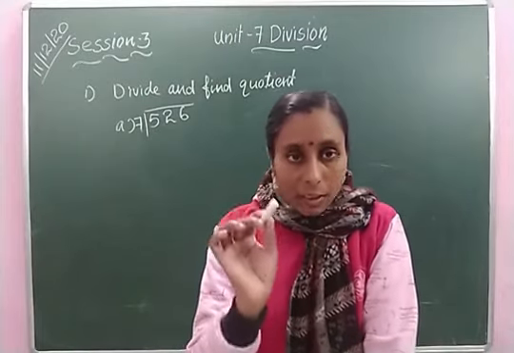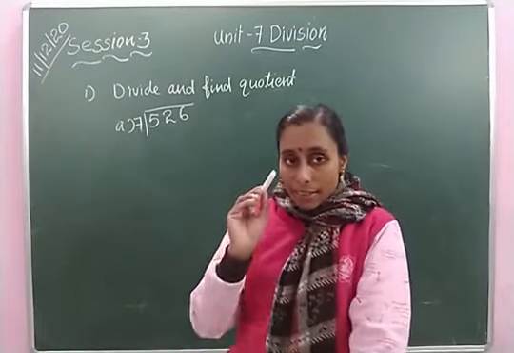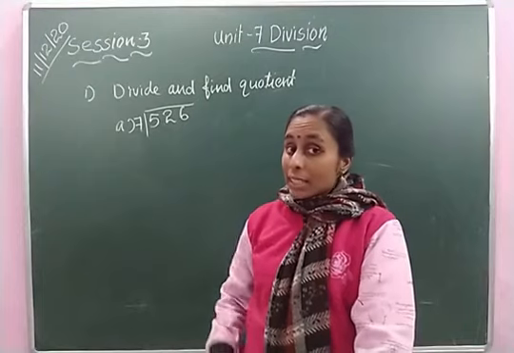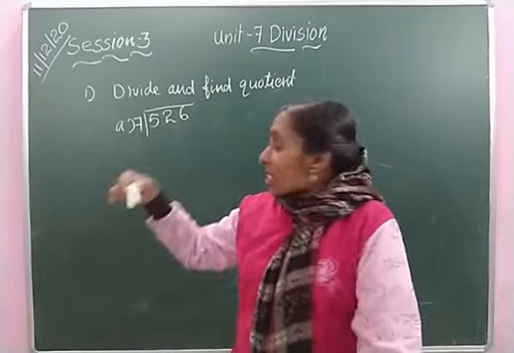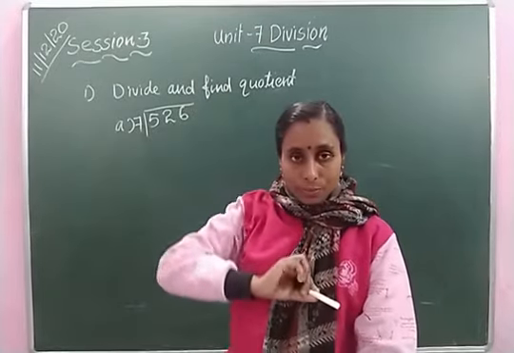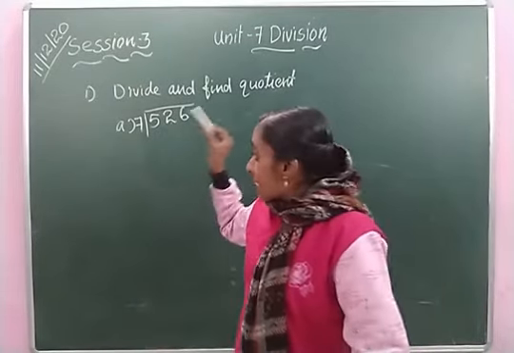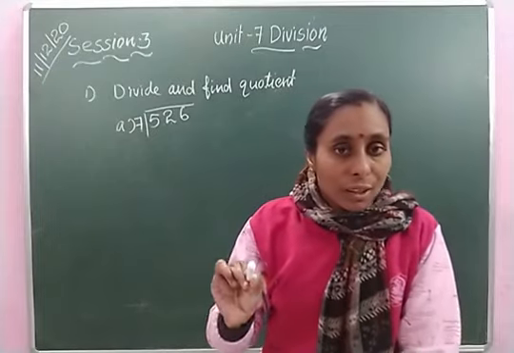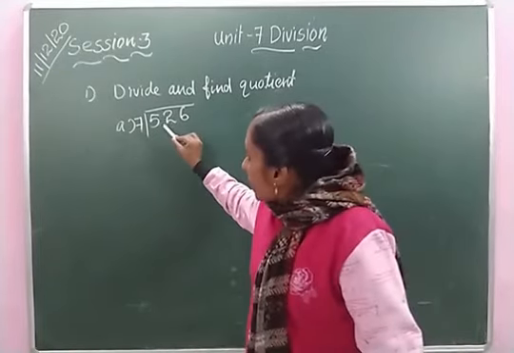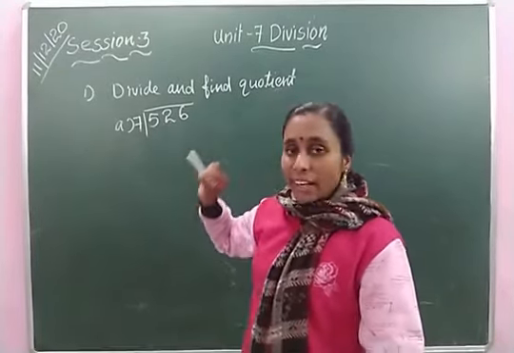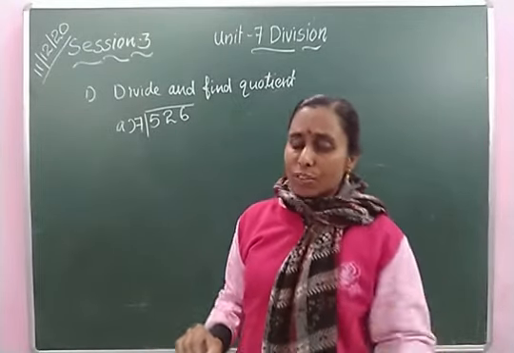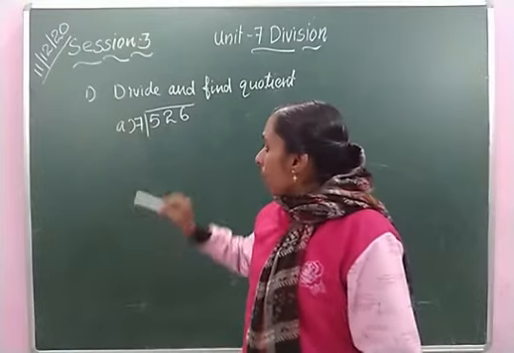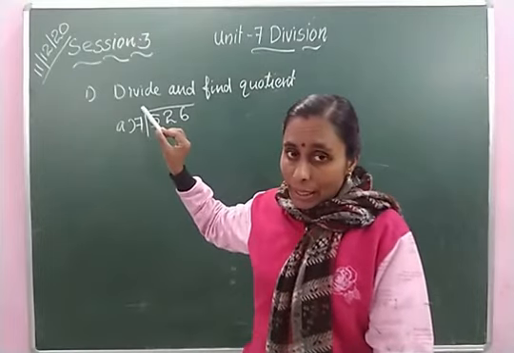While reading our 7 table, 7 7s are 49, 7 8s are 56. That 56 is more than 52, so we have to take the number just before. 7 8s we cannot take.